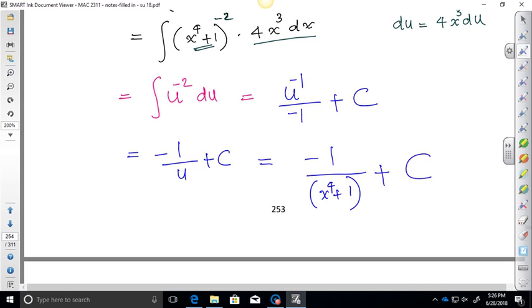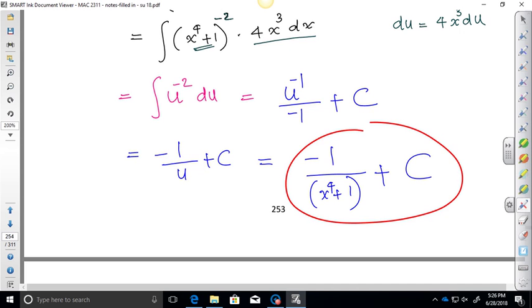This is called integration by substitution. So that integral is negative 1 over x to the 4 plus 1 plus c. So without that, we cannot integrate that function.